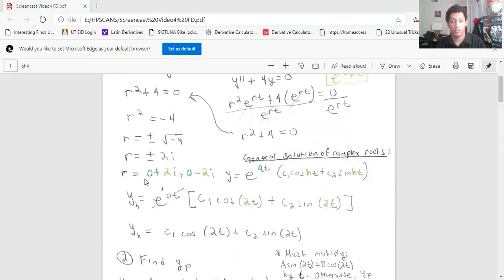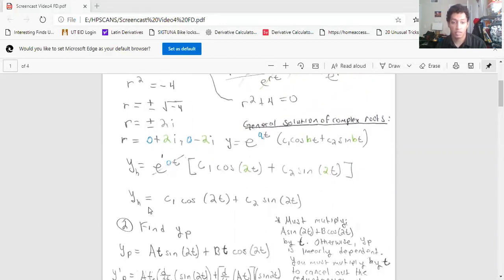Substitute the a and b values into this equation, and you get e to the 0t times c1 cosine of 2t plus c2 sine of 2t. The exponential cancels out to 1, so the homogeneous or complementary solution is c1 cosine of 2t plus c2 sine of 2t.